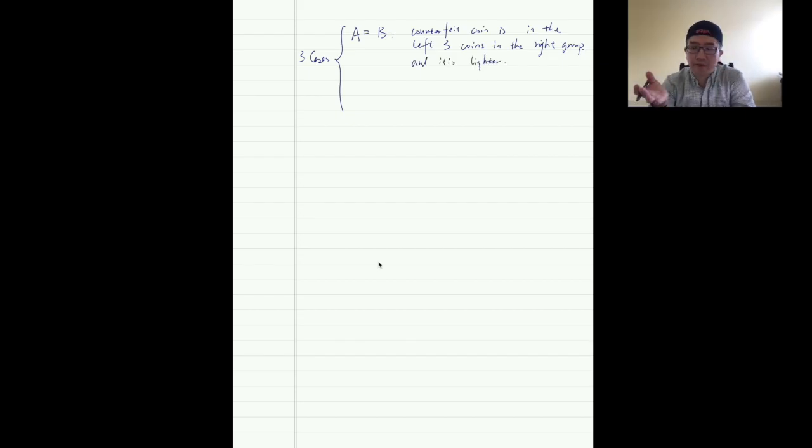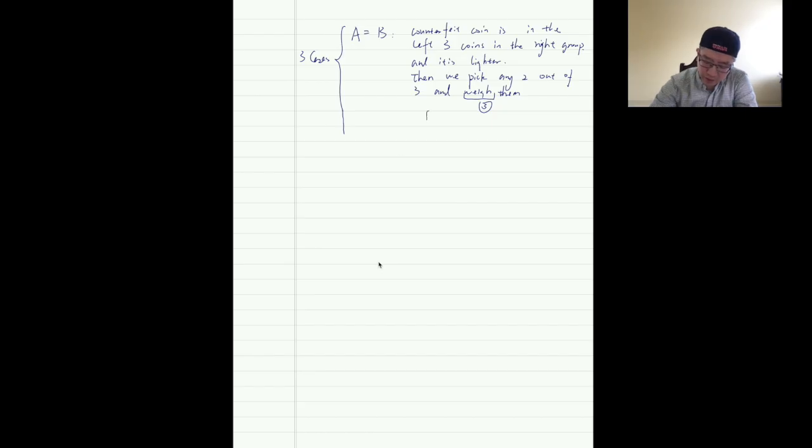So now the only thing left is to find which one of the 3 is the counterfeit, which is pretty straightforward. The only thing we need to do is pick any 2 out of 3 from the left 3 coins, and weigh them. Okay, so this is our third weighing.